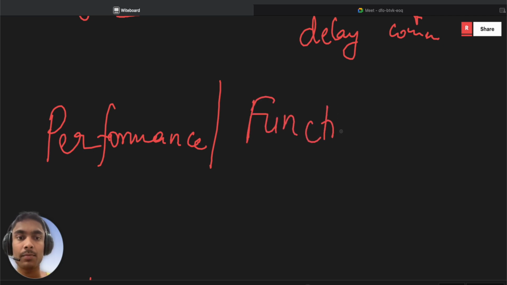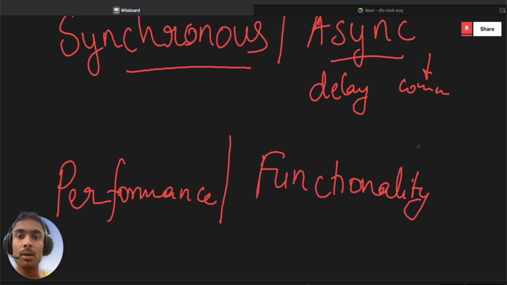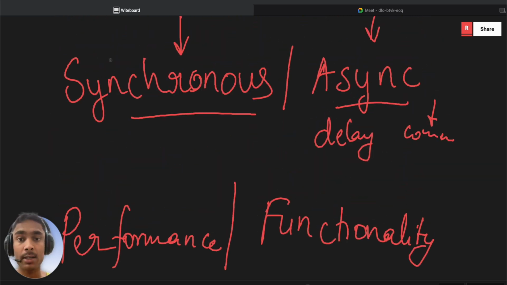So we know that synchronous is going to have a very consistent state at every load balanced server, and that is very desirable, but this is going to impact the performance.